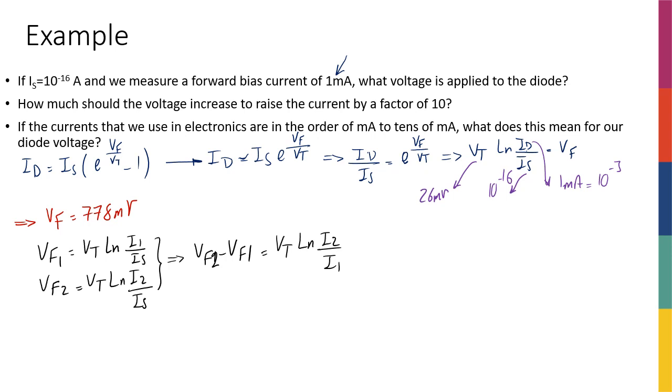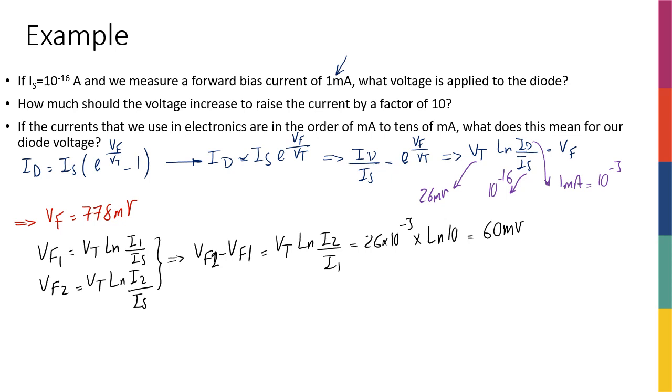Okay, so I know I2 over I1 is 10 and VT is 26 millivolts. So this is going to be 26 times 10 to the negative 3 times ln of 10. Again, if you do the math, you're going to find something like 60 millivolts.